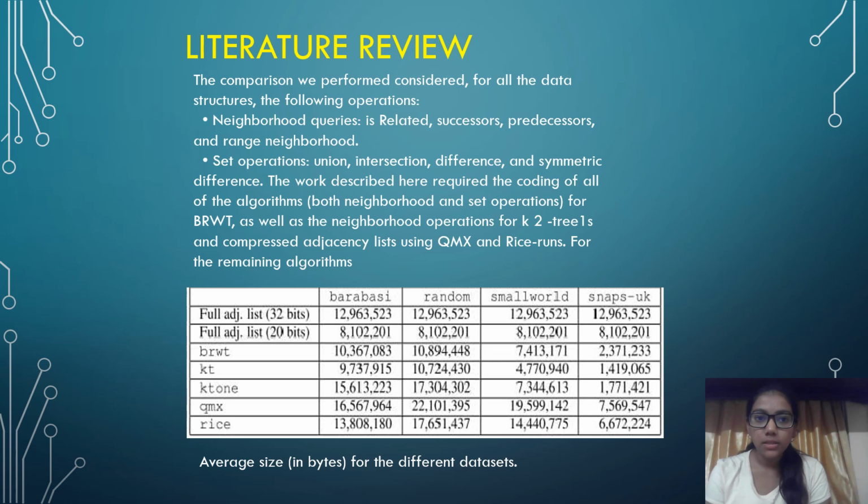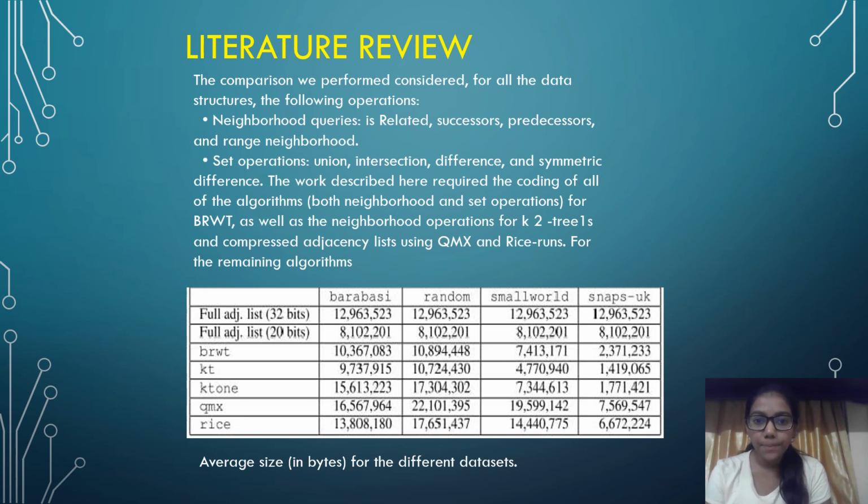Literature review. The comparison we performed considers for all the data structures the following operations: neighborhood queries, that is is related, successor, predecessors, and range neighborhood; and set operations, union, intersection, difference, and symmetric difference.